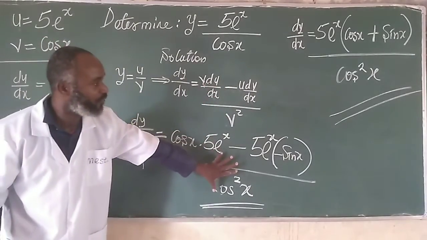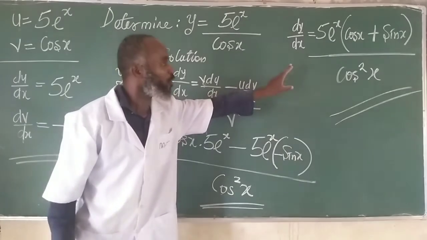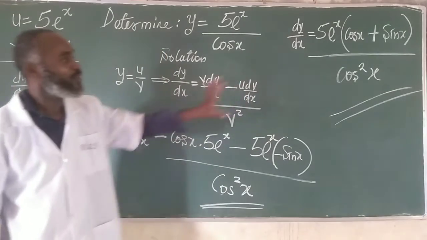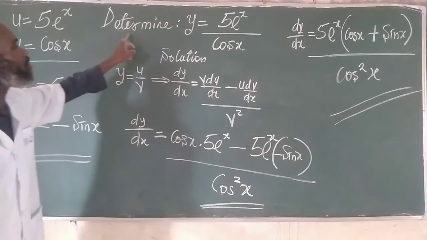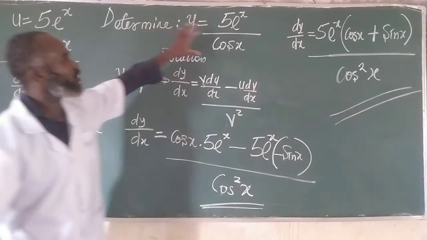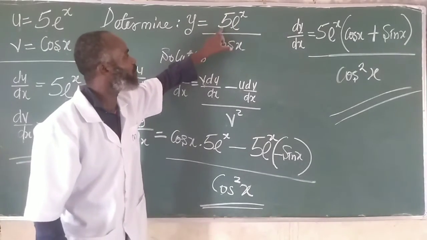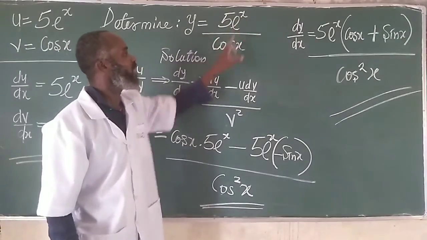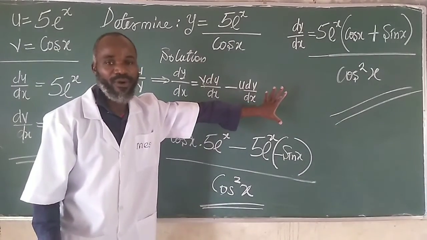We have simplified further and arrived at the final point. That is the correct answer. With this, we can conclude that we have determined the derivative of the quotient of two functions, 5e^x and cos x. That's the final solution. Oh my goodness.